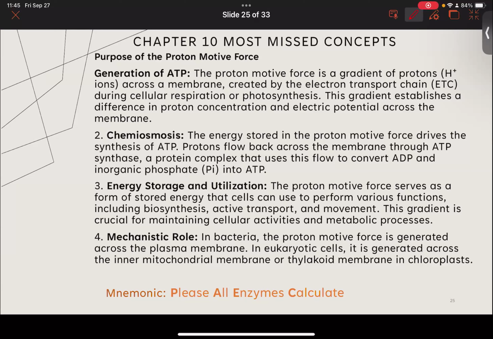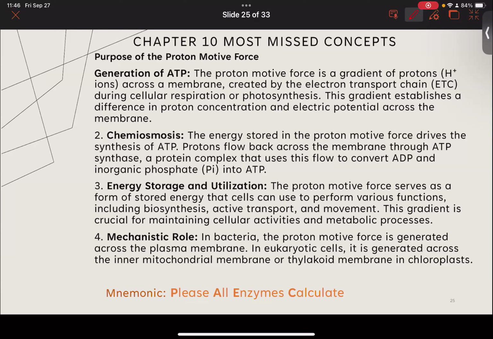When we're shooting our H pluses, our protons, out of the cell to create that gradient while we're moving our electrons through the electron transport chain, that is chemiosmosis. So chemiosmosis is the movement and creation of that gradient and the ability of that gradient to want to come back in and create ATP.